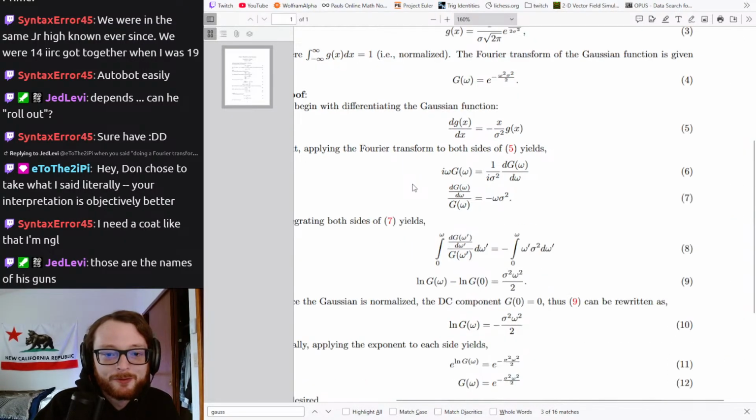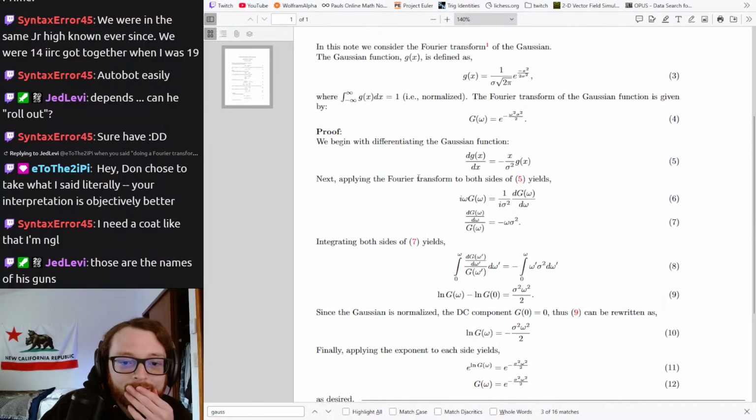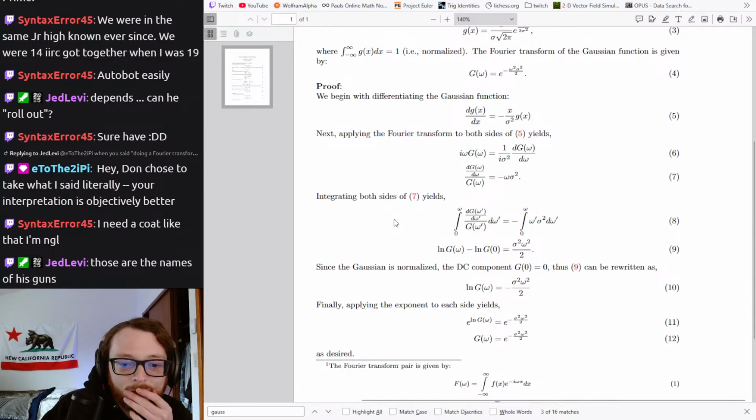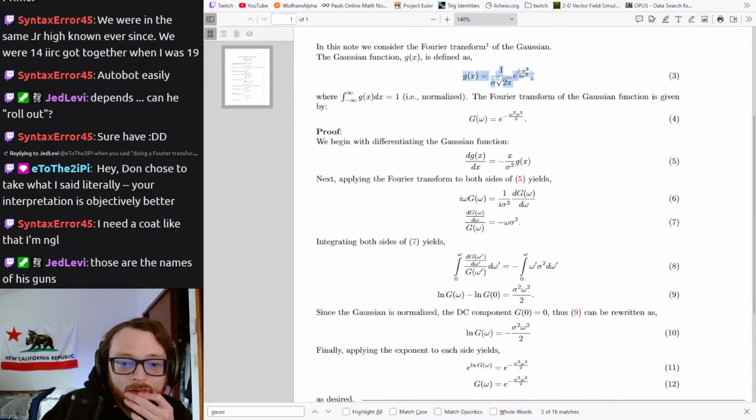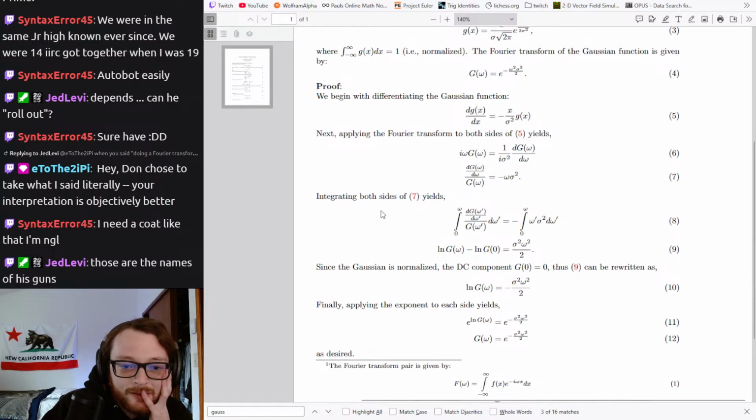Just one step that I'm confused on. What are they doing here? They're taking this thing, taking the derivative. Okay, sure. And they're making that into a differential equation. They take the Fourier transform of that, which seems already complicated. I guess this is a separable differential equation.